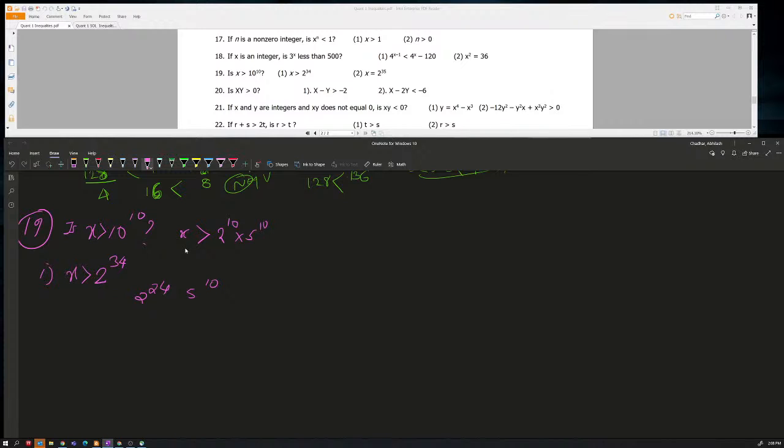So what we'll do is we will take this 2 power 34 and take one number, 5 power 10. So 5 fives are 25, right? And 5 cubed is 125, and 125 is like 124.